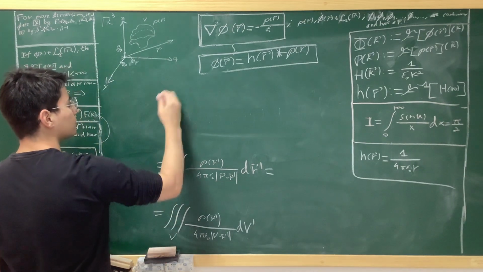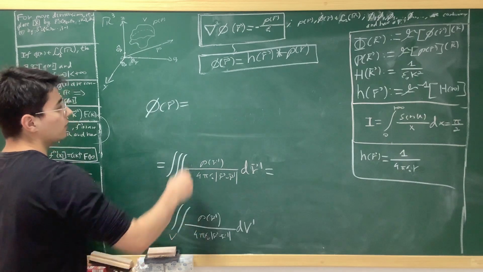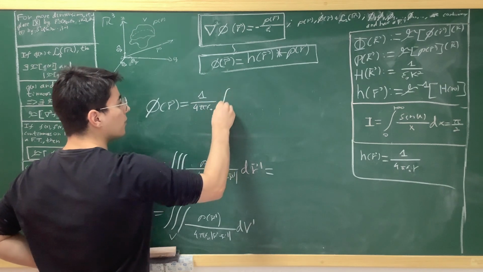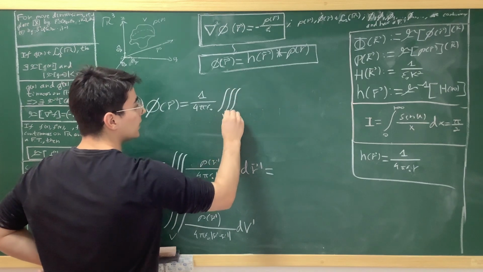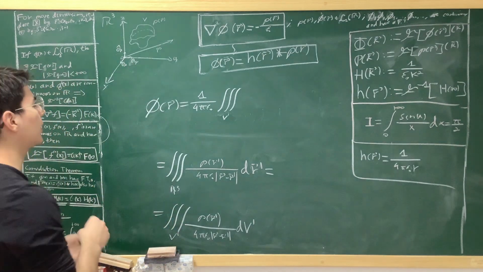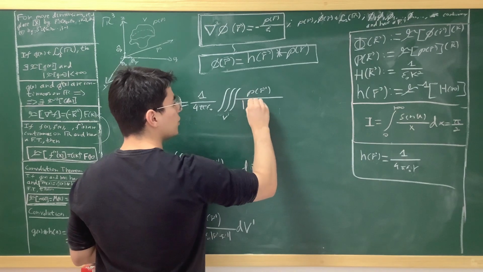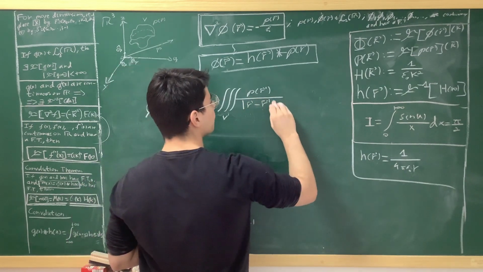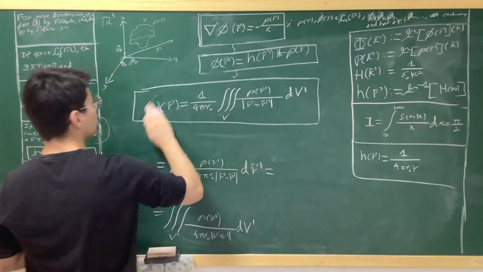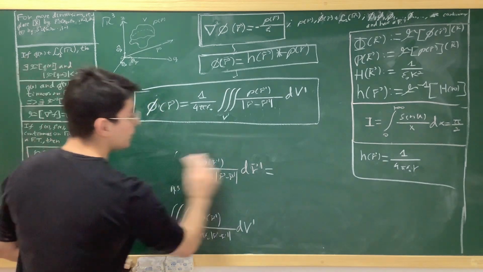So our potential phi is just, well, the 1 over 4 pi epsilon naught can come out of the integral, of the volume integral over V, and really this should be V prime because we're seeing it as this new vector r prime, of rho of r prime over the modulus of r minus r prime. Okay, so this could be our potential.